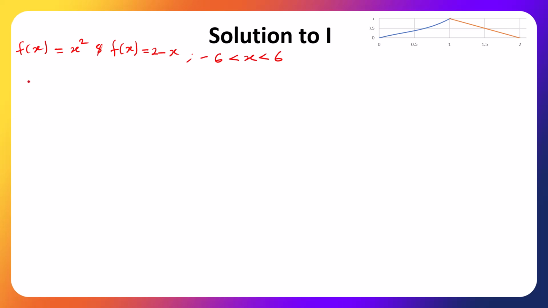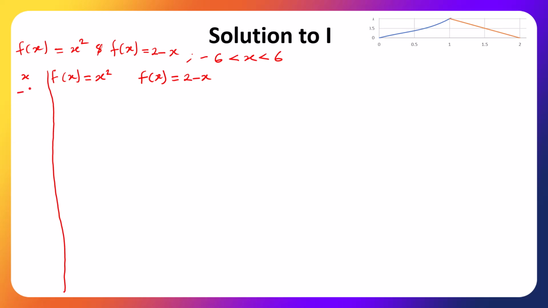So we have x, then we have f of x equals x squared. Then we also have f of x equals 2 minus x. So we have the interval of x moving from minus 6 to plus 6.